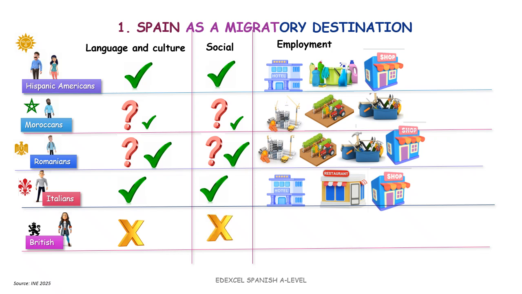Socially, they tend to form closed communities in certain regions, which limits their integration into everyday Spanish life. In education, British children often attend international schools, which reduces contact with Spanish students. And in terms of employment, many are retired or work in tourism and real estate, jobs where learning Spanish isn't strictly necessary.